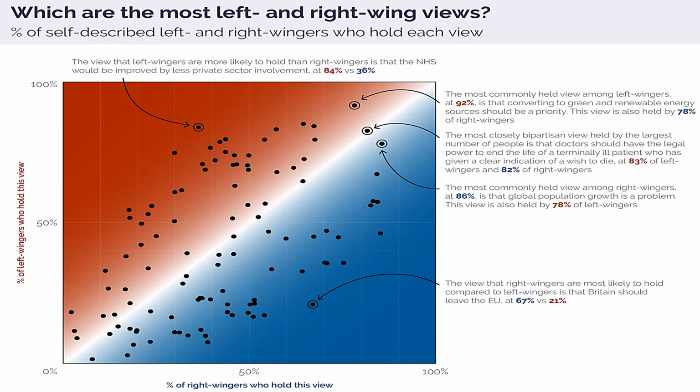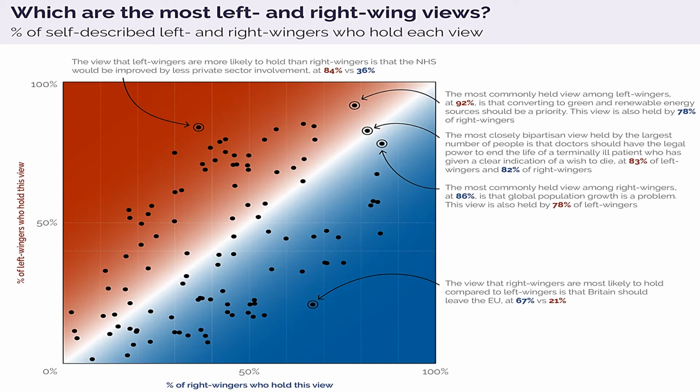As a wider comparison, again, you can pause this and take a look at it in your own time. But left and right wing, there is a bit of a divide between the two, particularly in stuff like the NHS. So left-leaning voters say that the NHS should have less privatisation. Right-leaning thinkers tend to kind of disagree.